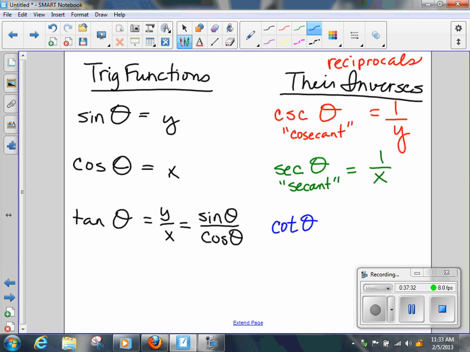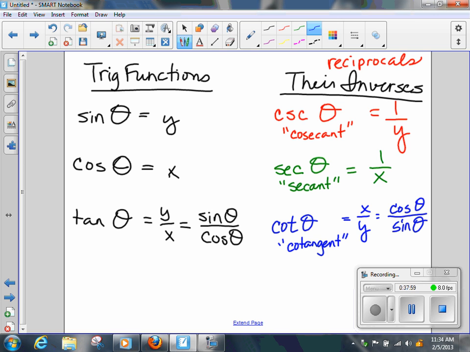Cotangent. Its reciprocal is what? X over y, or cosine of theta over sine of theta. S goes with the T. C goes with the C.